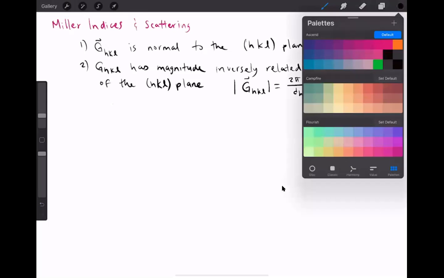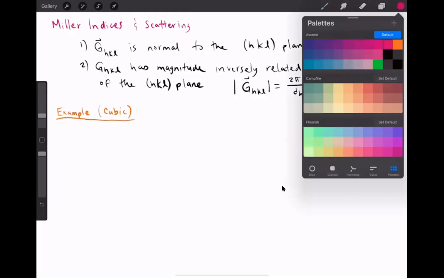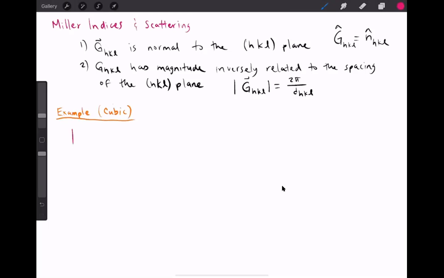So let's do an example. I like the cubic one, because that means that I can give you the face-centered cubic one as your homework, right? So the cubic has these three vectors. Let's call them A3, A1, and A2.